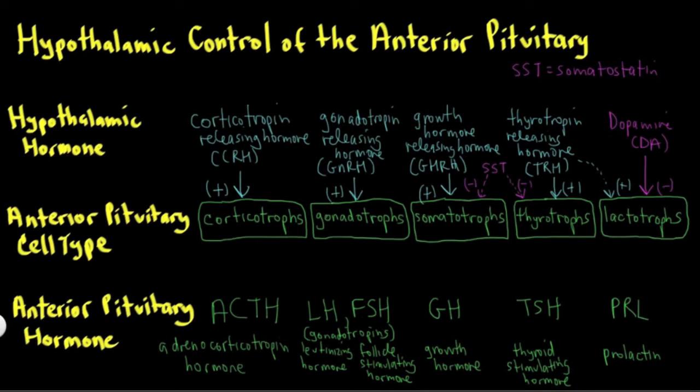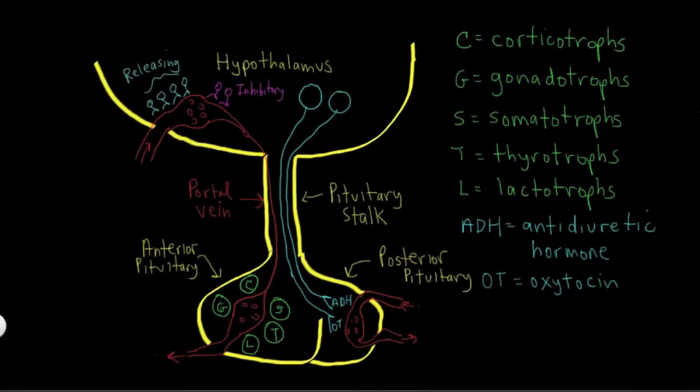So now what we can do is summarize by going back to our anatomy picture and seeing that we have our releasing hormones, CRH, GnRH, TRH, and GHRH, that travel down the portal system and act on their respective receptors on these cell types to stimulate the release of hormones.